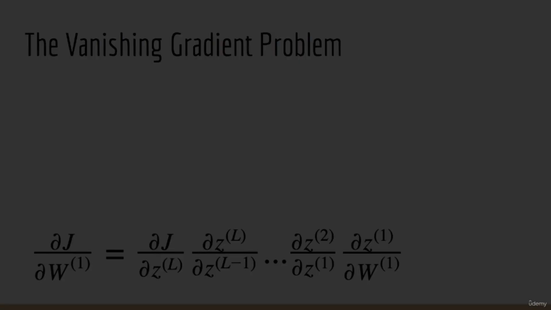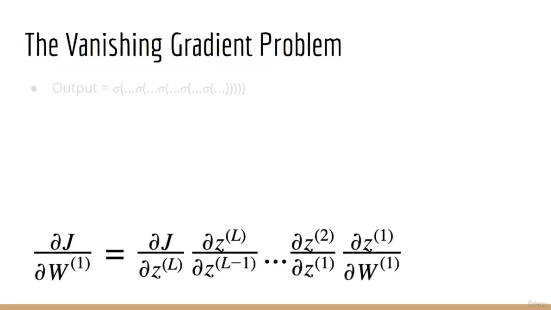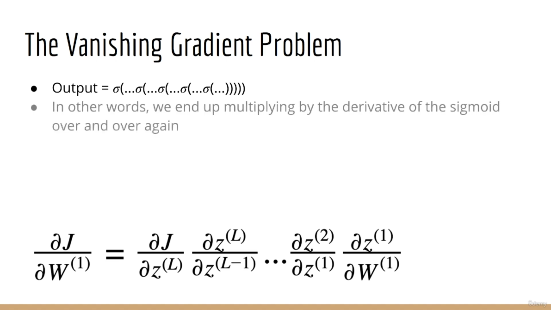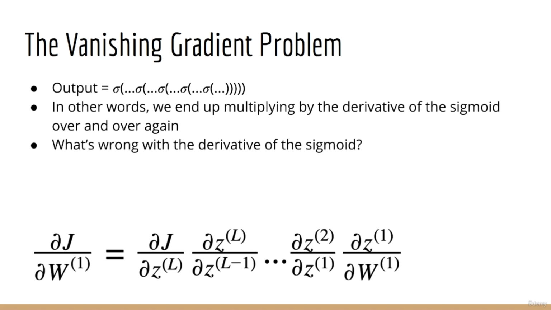So what does this end up looking like? Well, the further you go back in the neural network, the more terms you have in the chain rule to multiply. So you're multiplying by the derivative of the sigmoid over and over again. What happens when you do that? Why is the derivative of the sigmoid a problem?